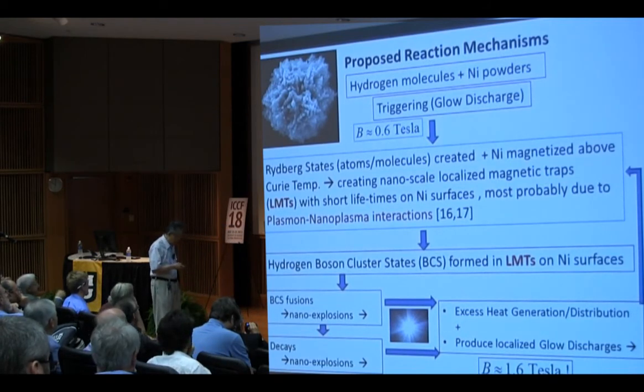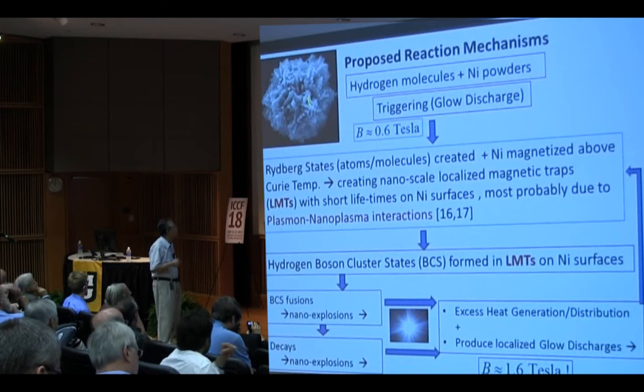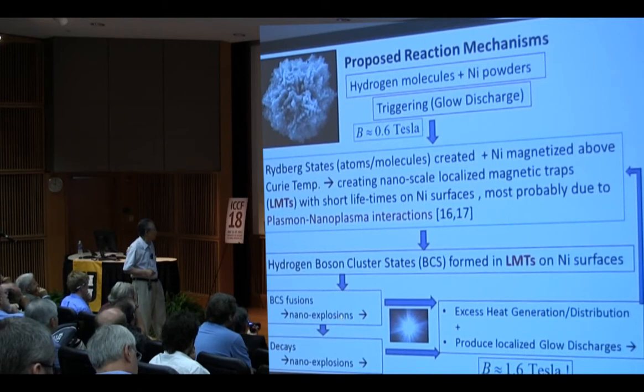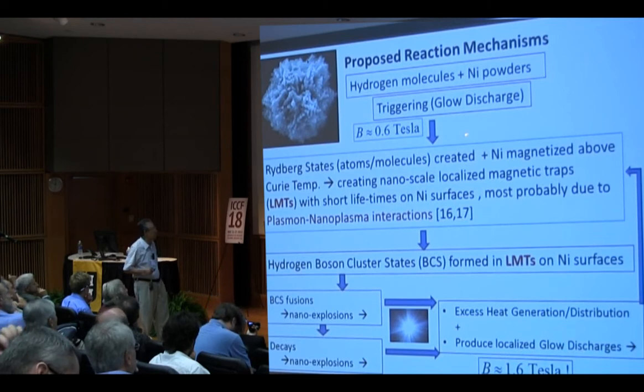And once that happens, depending upon reaction rate, you will create many nano explosions. That's almost like having a glow discharge. Effectively, you are creating a localized glow discharge, but if you look at the entire thing, it's very effectively the same as the previous case.